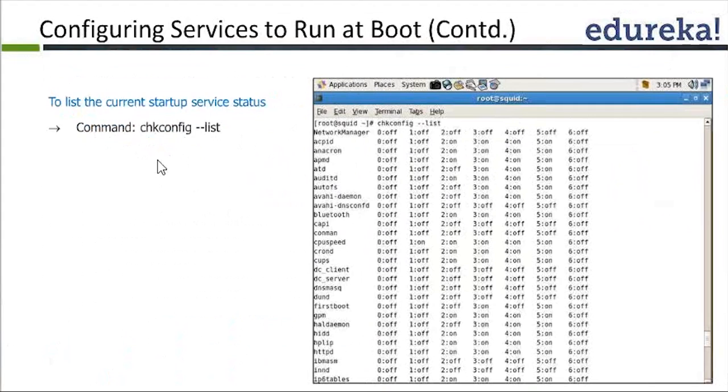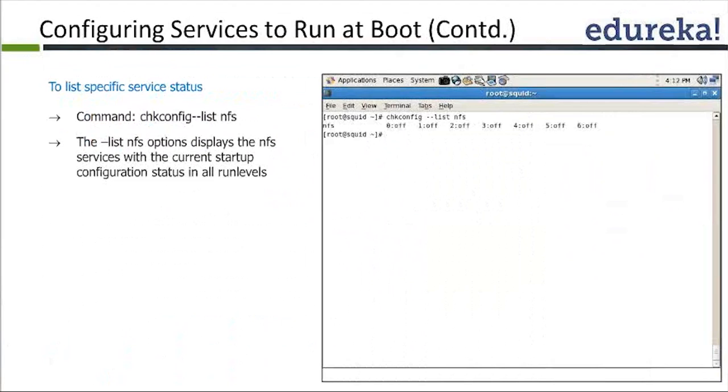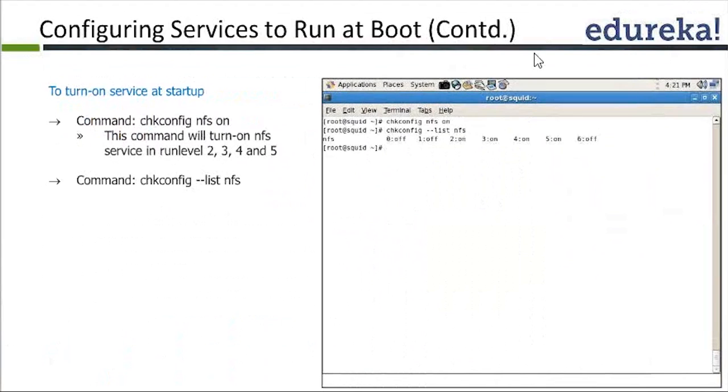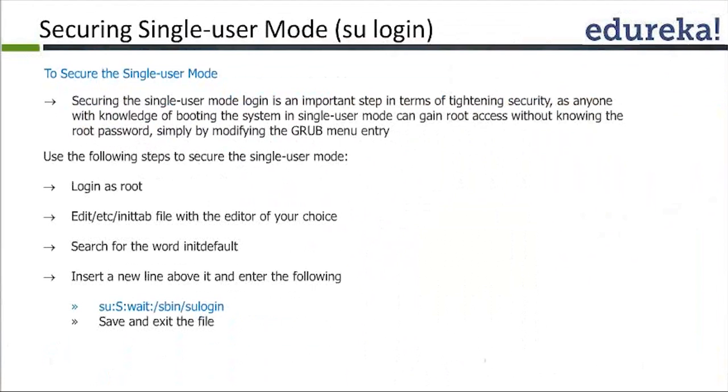Just a quick revision of what we have seen in module 1: chkconfig --list, and then we can specify the service in order to list that service, and we can also modify the services in other run levels as well.